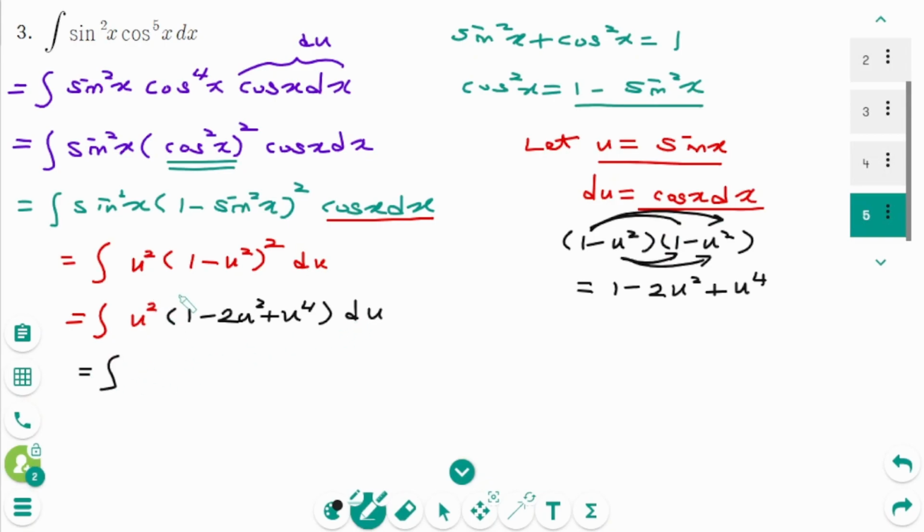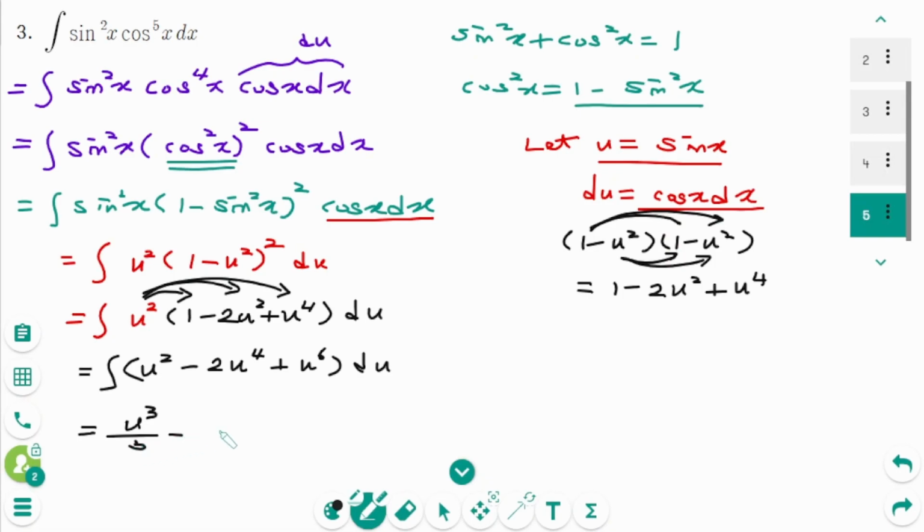equals expand u squared minus 2u to the power of 4 plus u to the power of 6 du, then u cubed over 3 minus 2u to the power of 5 over 5 plus u to the power of 7 over 7 plus c.